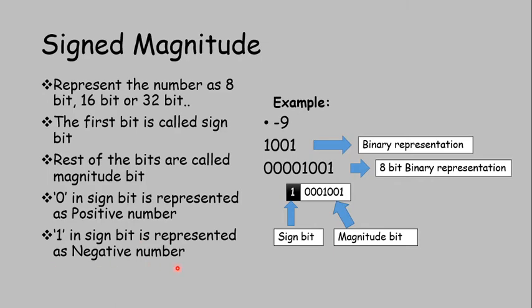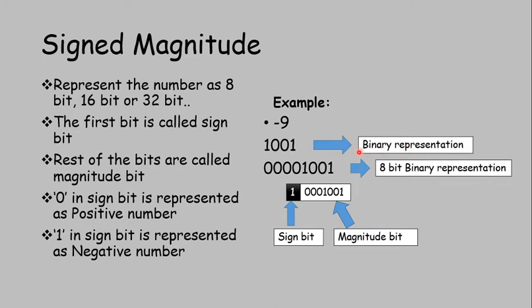Let's see one example, then we will understand what is happening here. I take the number -9, and I want to represent it in sign magnitude form. First represent the magnitude part, 9. Convert 9 into a binary number. The binary representation of 9 is 1001.